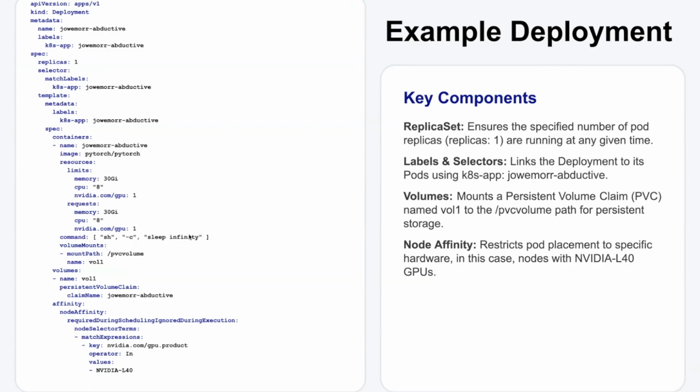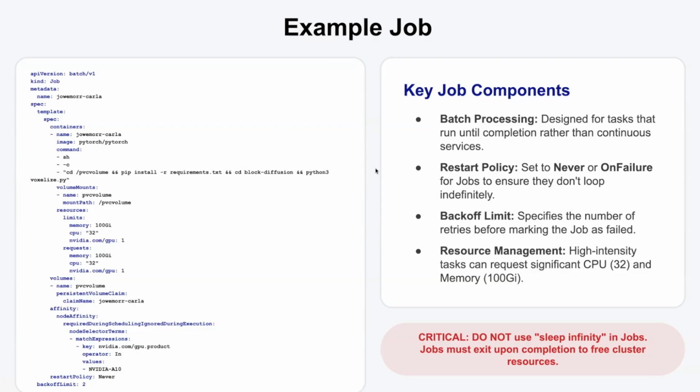What that does is it keeps the pod alive forever, or as long as possible. But for jobs, because they're given more high priority and they can request more memory and CPU and all that, if you do sleep infinity, that's pretty much an instant ban. So don't do sleep infinity on jobs. It's okay for deployments and pods.